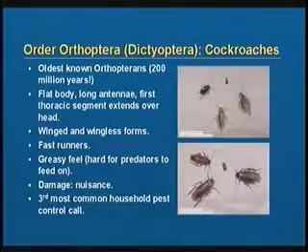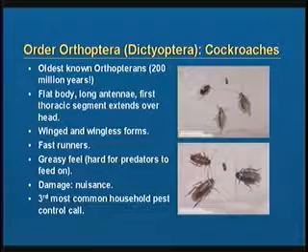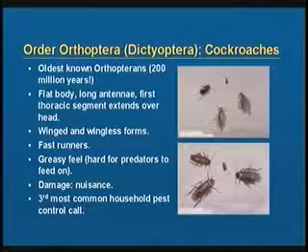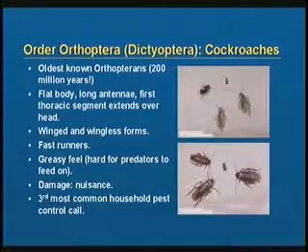They're very fast runners, with a flat body and very long antennae, another good distinguishing characteristic. It's the third most common household pest control call. I will just say that sanitation is key in controlling these insects. Roach motels are practically useless, and they need sources of food and water.